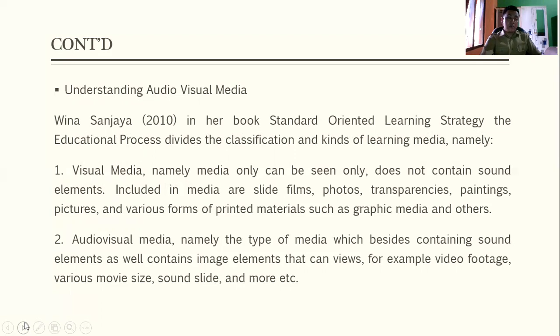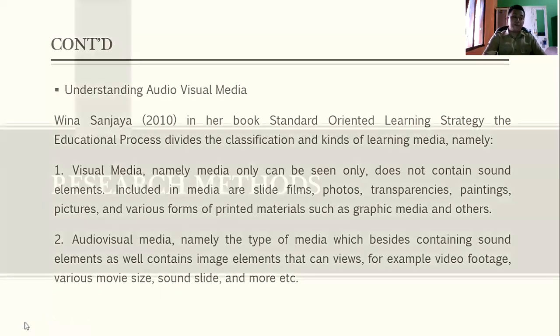The first is visual media, namely media that can only be seen and contain no sound elements, including slide films, photos, transparencies, paintings, pictures, and various forms of printed materials such as graphic media and others. Then audiovisual media, namely the type of media which, besides containing sound elements, also contains image elements that can fuse, for example video footage, various movie sizes, sound slides, and so on.